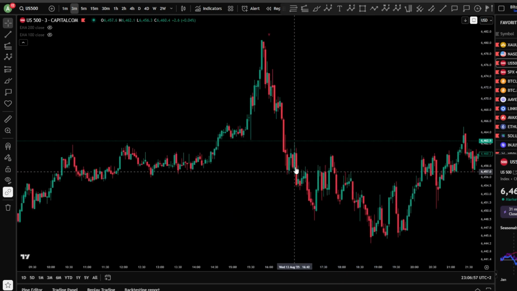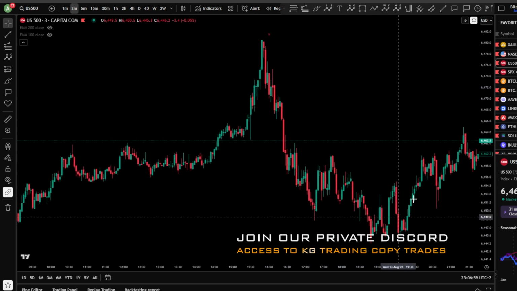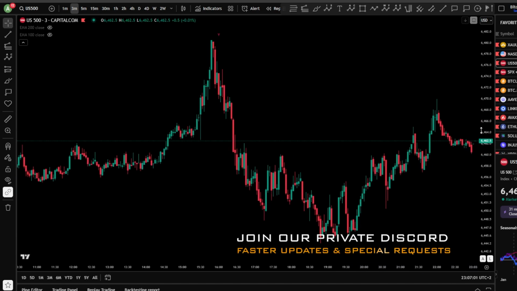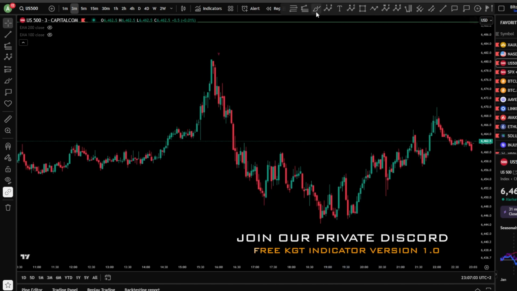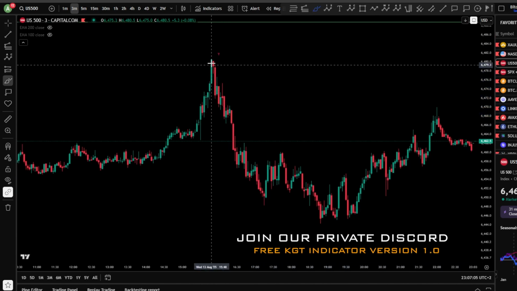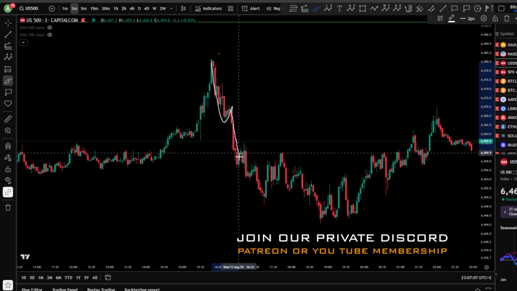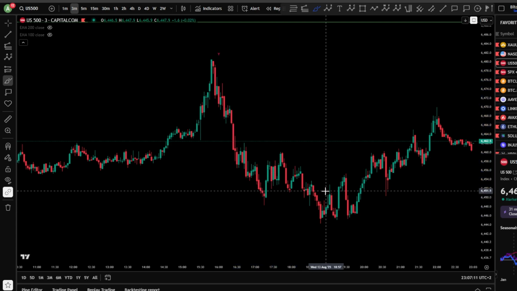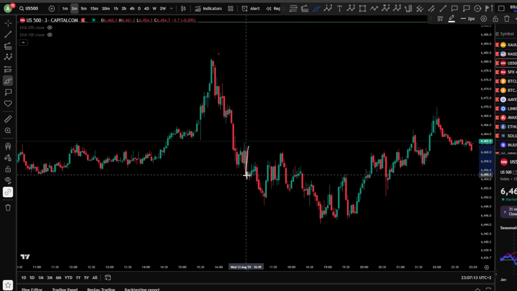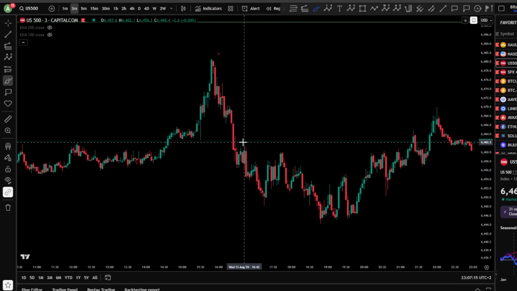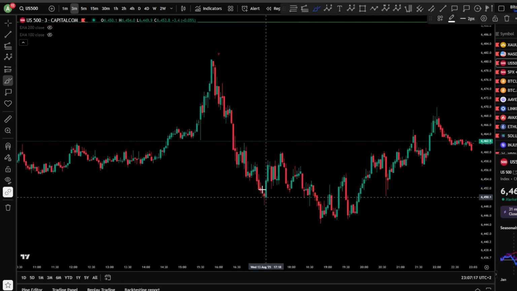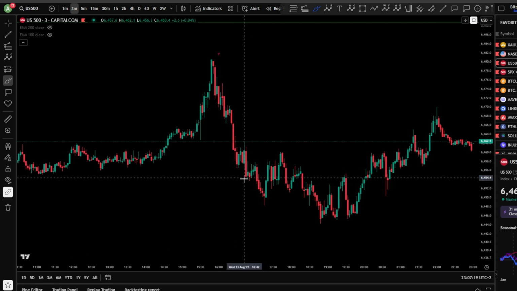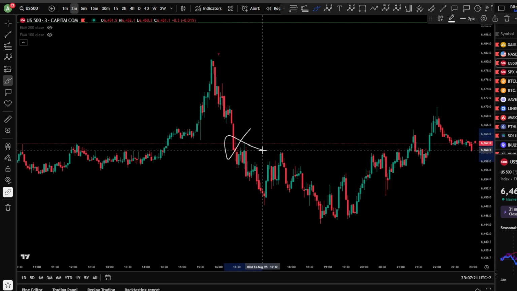Unless 1, 2, 3, 4, and a 5, A, B, and a C. Okay, it can be a possibility also, but I doubt the wave 1 a little bit, but still it can be 1, 2, 3, 3 here finished, and then 4 and a 5. Well, here 1, 2, 3. Yeah, but I don't like it, guys. No. There is no impulse here.